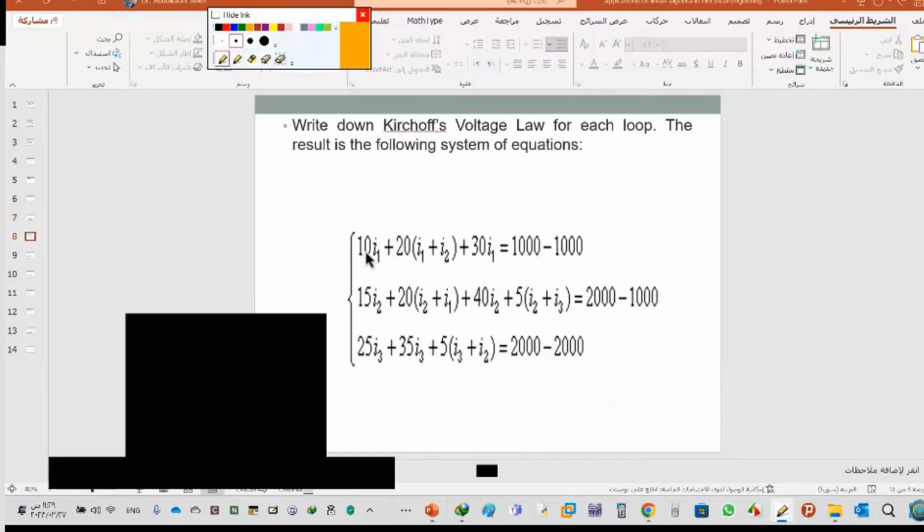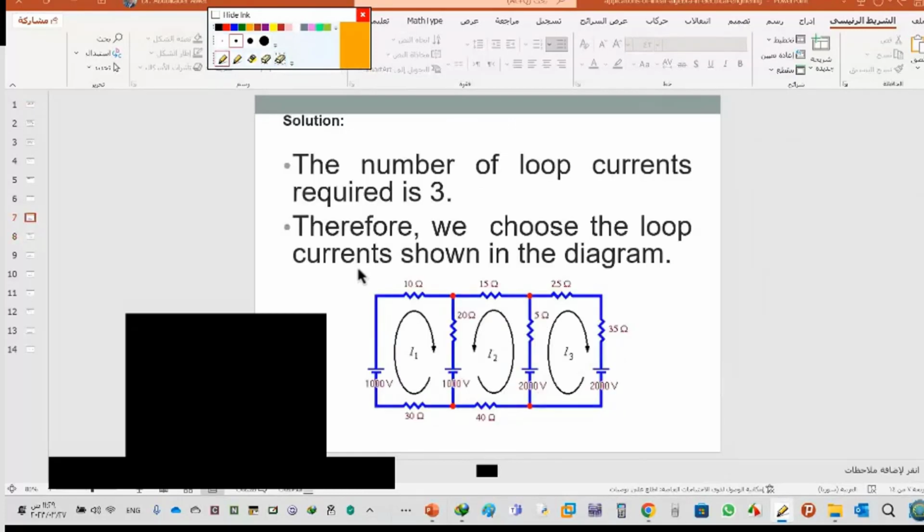Now let's continue. See here, in the first loop, number 1, I can write directly, see this I1.